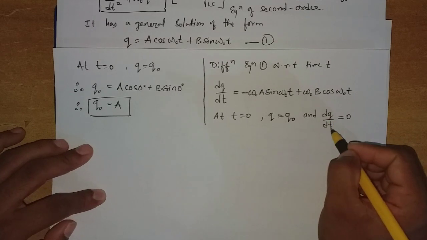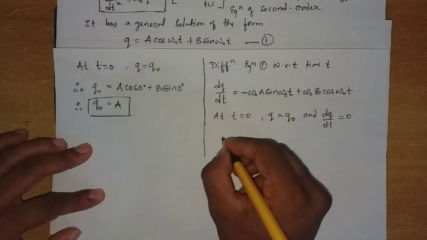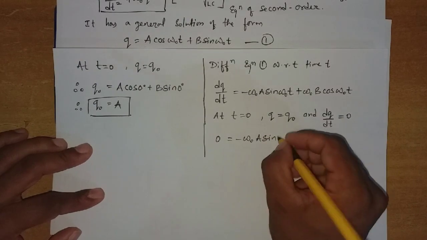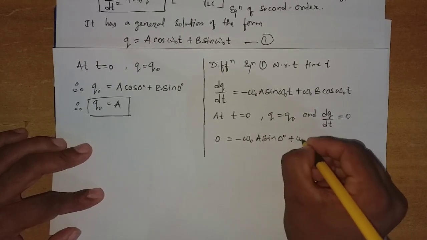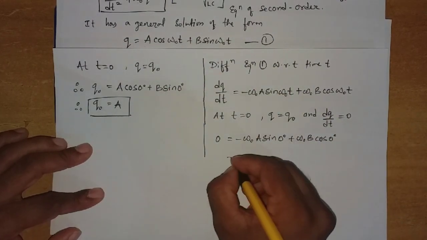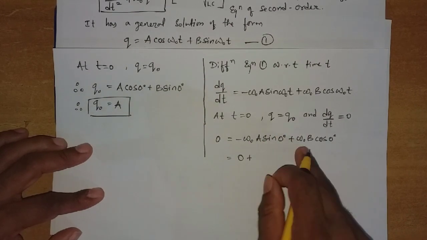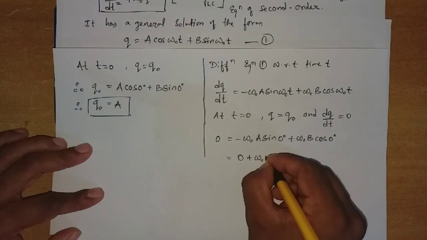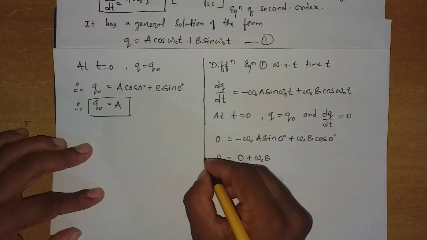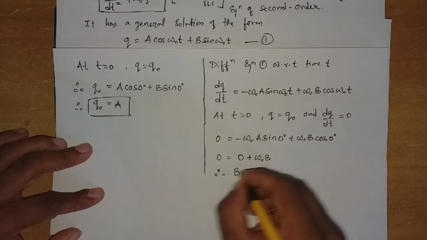That's why we take dq by dt equal to 0. Putting this value in the differentiated equation, it will be 0 equal to minus omega naught A sine 0 plus omega naught B cos 0. Sine 0 is 0, so this entire term becomes 0, and cos 0 is 1, so it will be only omega naught B equal to 0. So finally we get the value of B equal to 0.